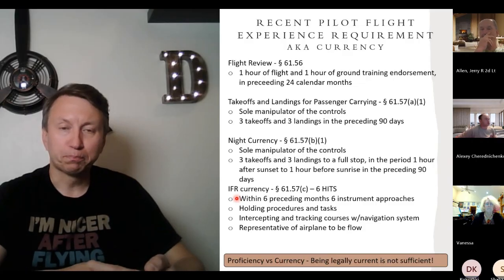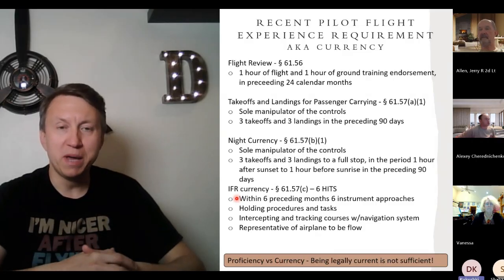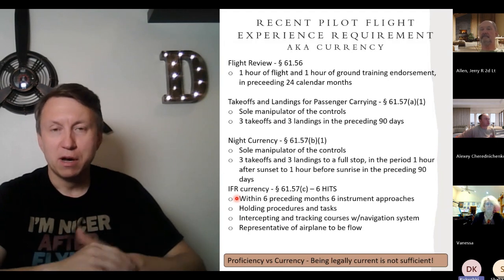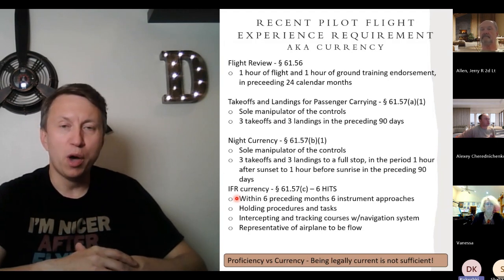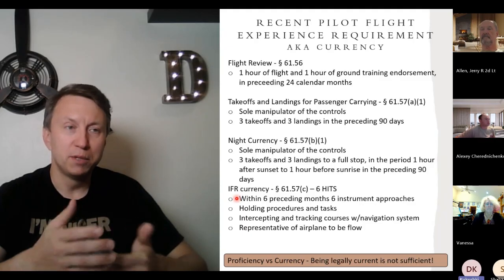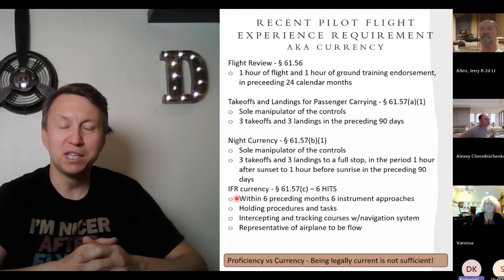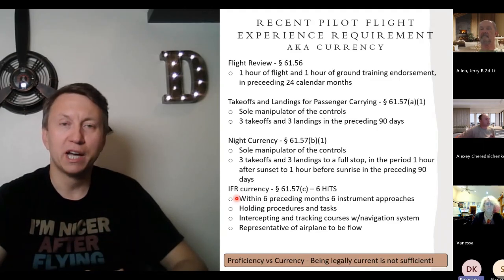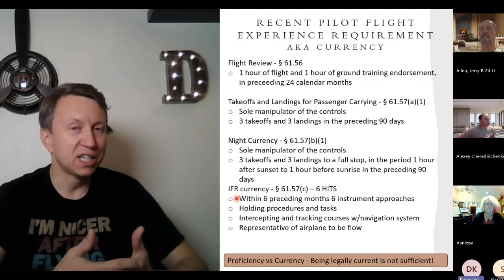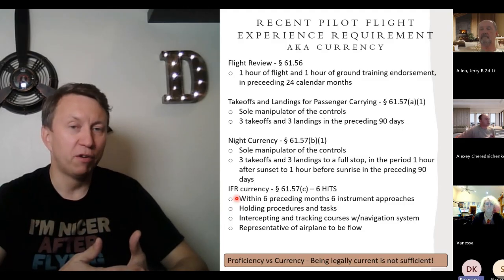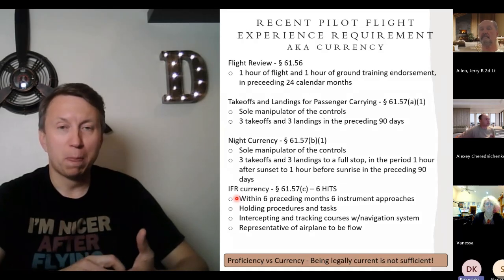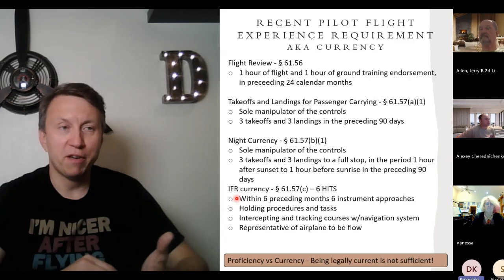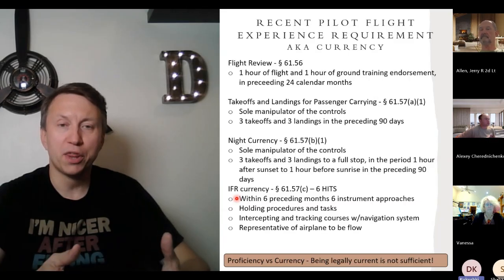So the example that you would be given in this case, let's say that you have had your check ride today, November 19, and then you haven't flown any other approaches for a long time. What is the last day when you're still IFR current? So in this case, November is your month when you have flown.